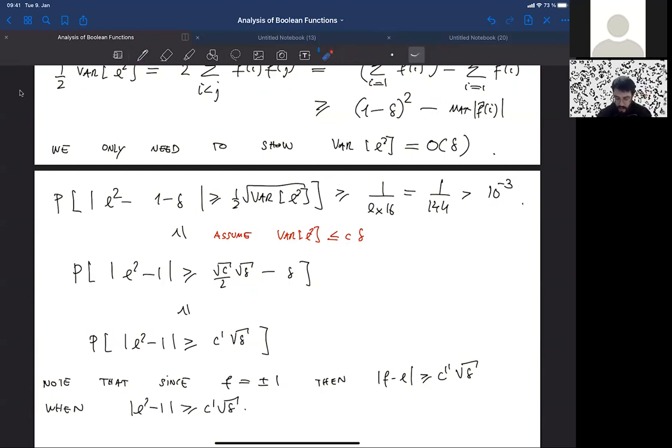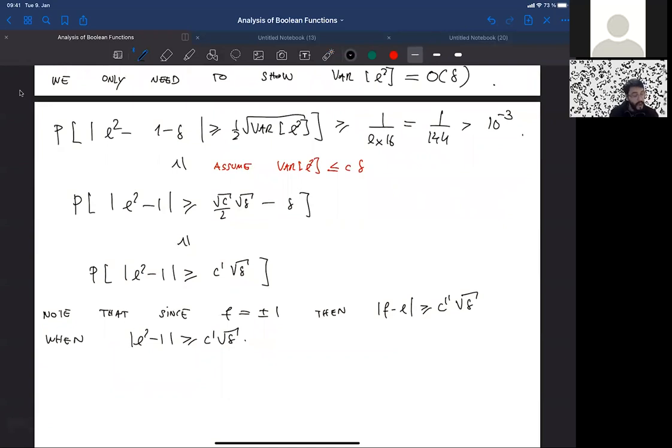I will leave this as an exercise for you to realize that this is true, but the point is that L squared minus 1 being bigger than something means that L is far from 1 and minus 1. And so if I test f, which is only plus or minus 1, against L, this should also be bigger or equal than that number. Okay, so some other constant c2 prime.